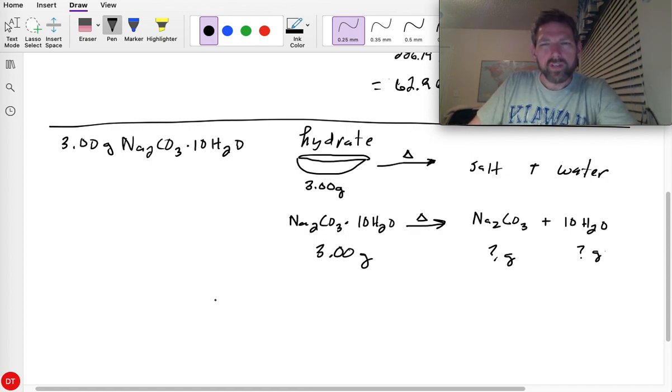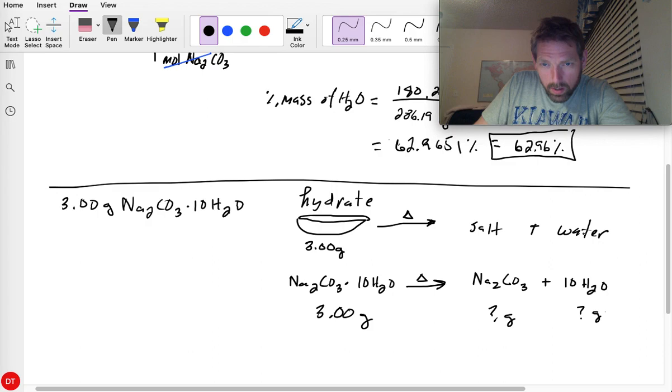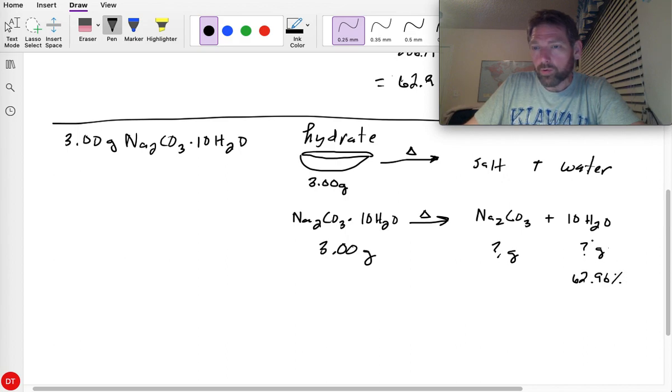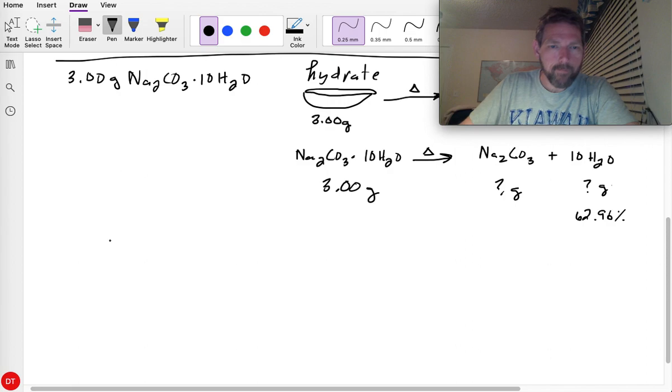All right, so let's think about this. We know that in this 3 gram sample, it's 62.96%. So 62.96% of this sample would be that mass right there. All right. So let's think about this for a second.